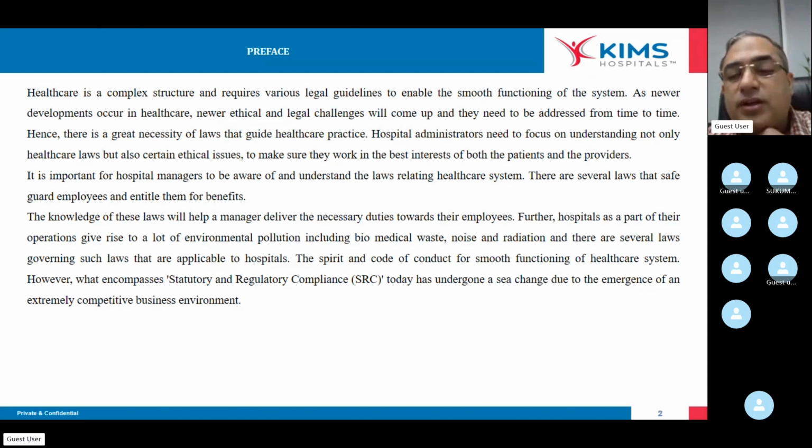The spirit and code of conduct for smooth functioning of the healthcare system, however, what encompasses statutory and regulatory compliance today has undergone a sea change due to the emergence of an extremely competitive business environment.